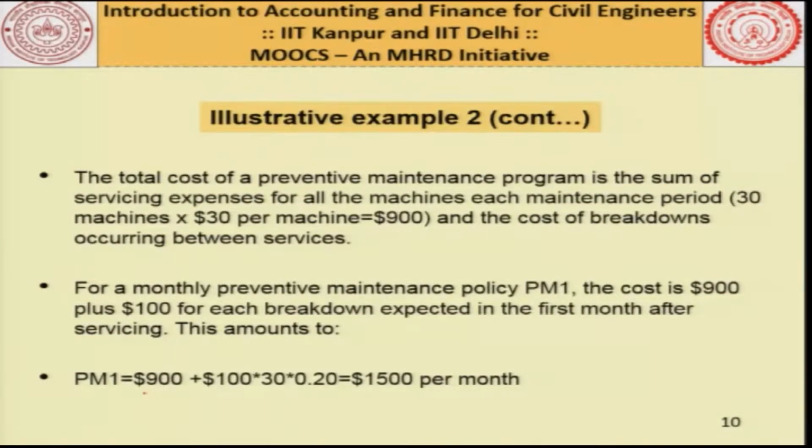This is what we did for month 1. You can see $900. How is it coming? This is coming by multiplying 30 with 30, then $100 per breakdown, 30 machines, and probability of failure 20%. So we are getting $1500 per month in case you are going in for a preventive maintenance policy every month. So PM1 we are denoting it by.